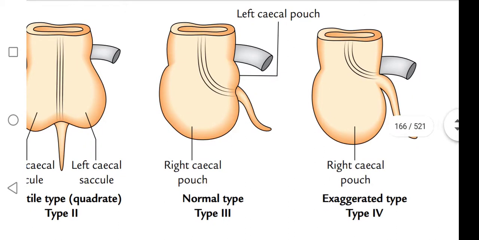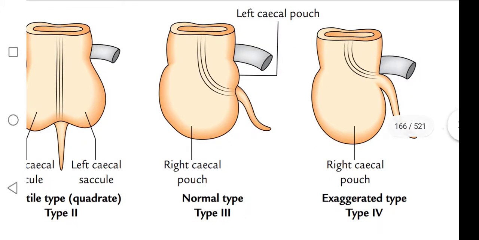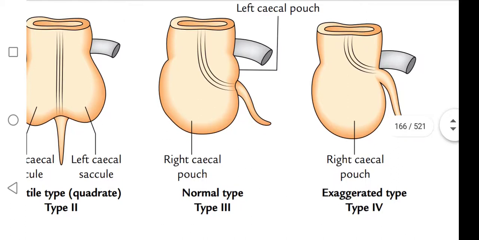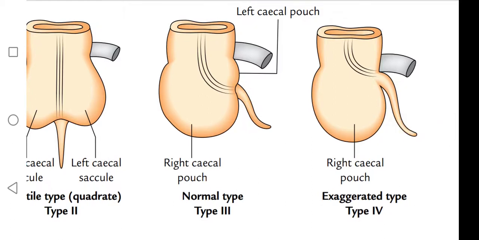The right cecal pouch is larger than the left cecal pouch and the vermiform appendix is attached at the posterior medial aspect, 2 centimeters below the ileocecal junction.